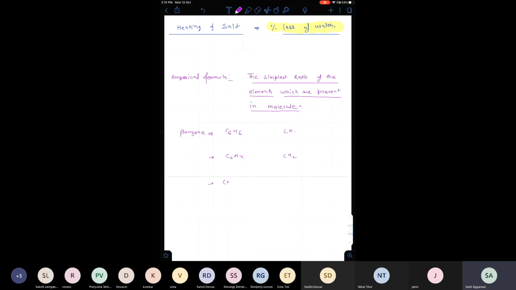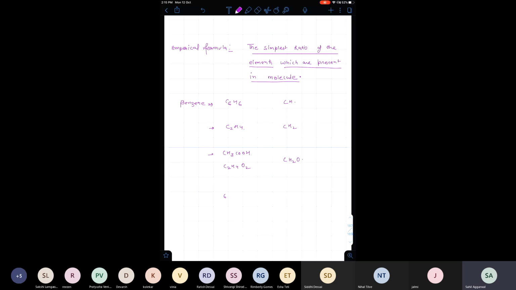If we have CH3COOH, this is C2H4O2. Its simplest ratio will be CH2O.